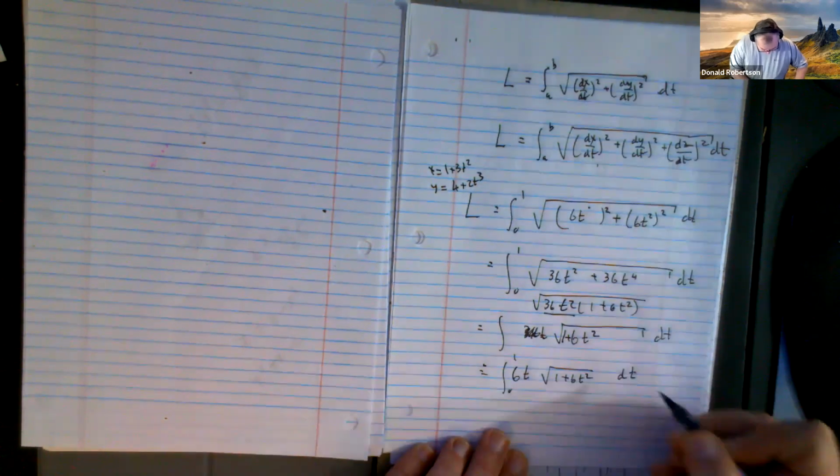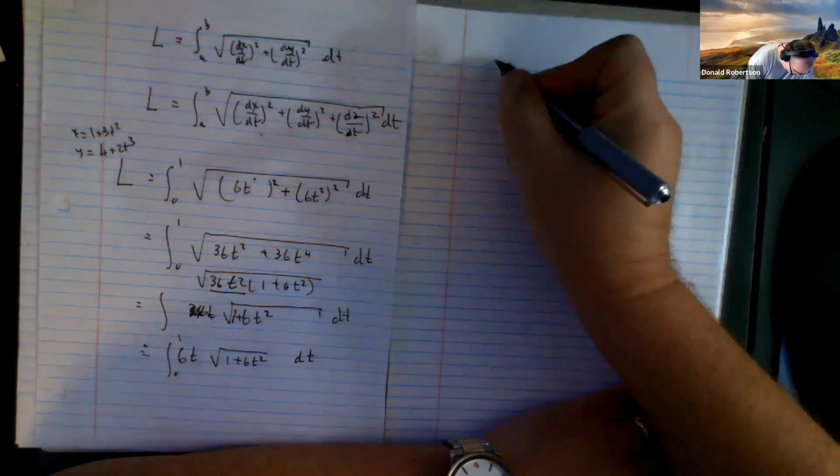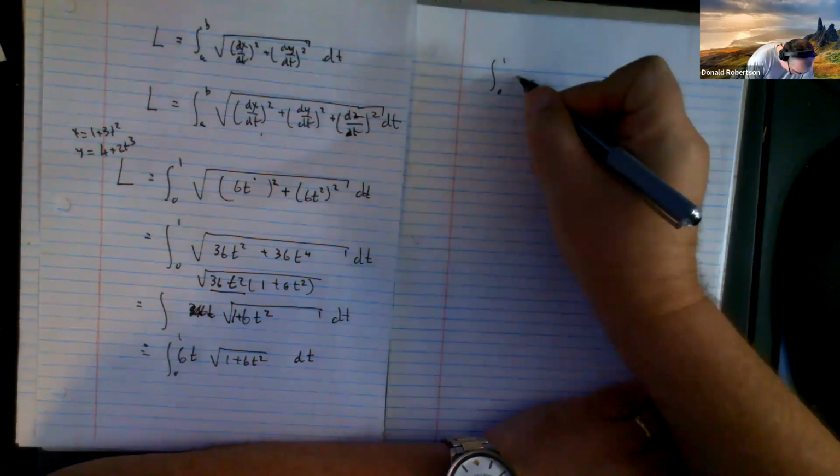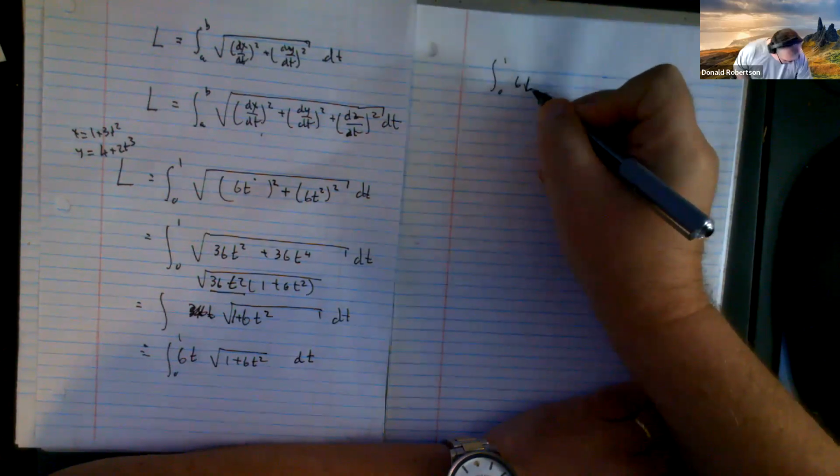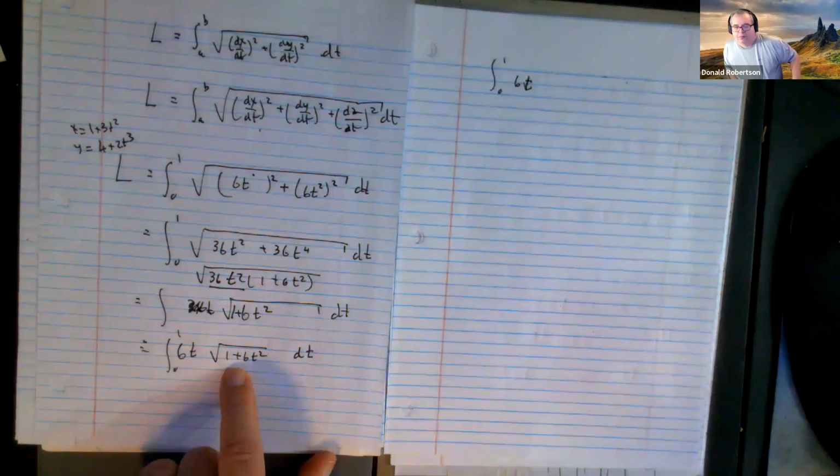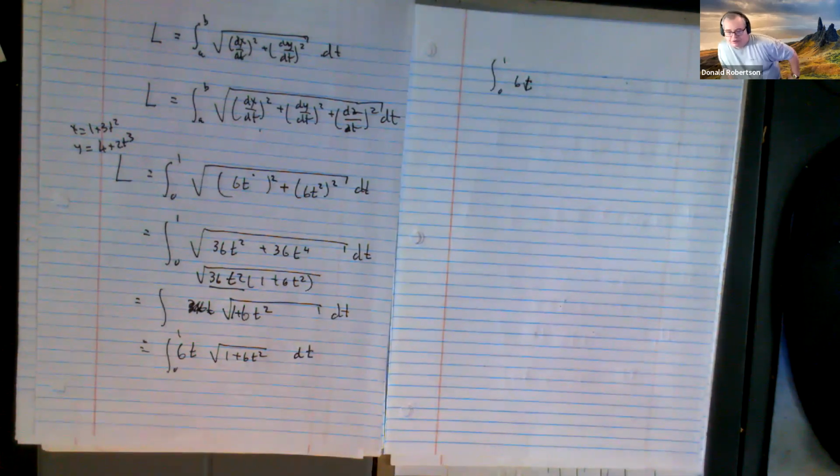So that was a good start. Where else do you go now? What method are you going to use to integrate 6t times the square root of 1 plus 6t squared? Calculator.